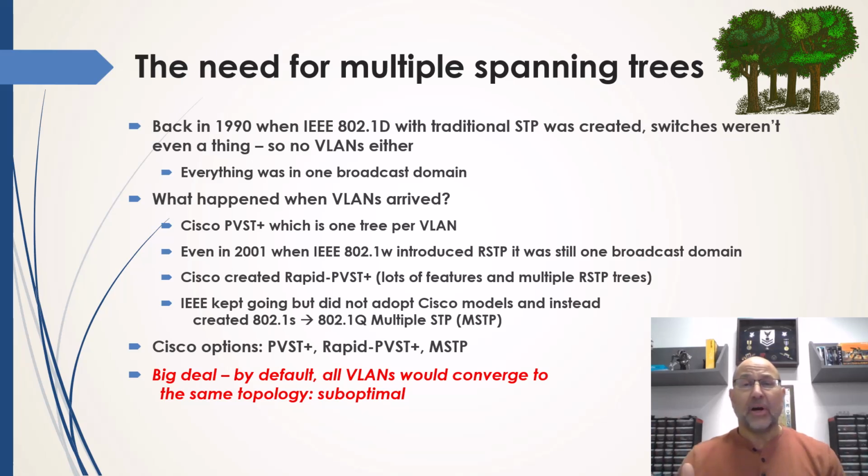By default, and we'll see this, all the VLANs will resolve to the exact same topology, meaning that you'll have the same root bridge for all VLANs. But that might be suboptimal. You might have resources for a particular VLAN that now have to go all the way around the topology to get to the nodes in that VLAN. So what we often do is set up different roots for the different VLANs.